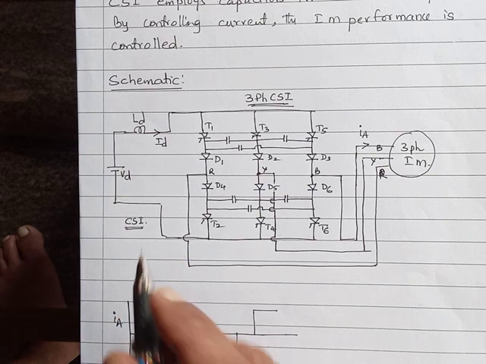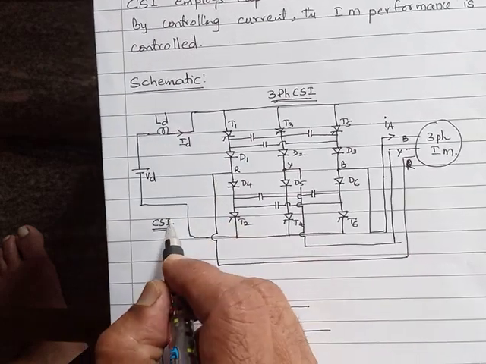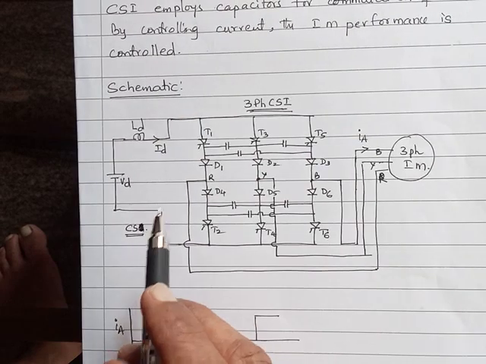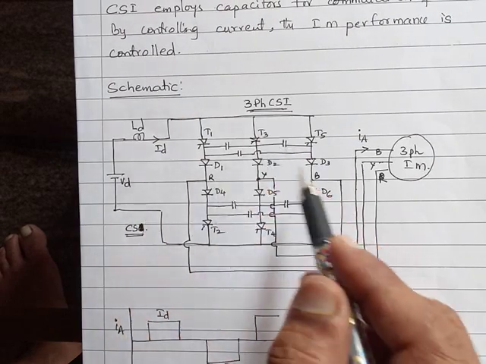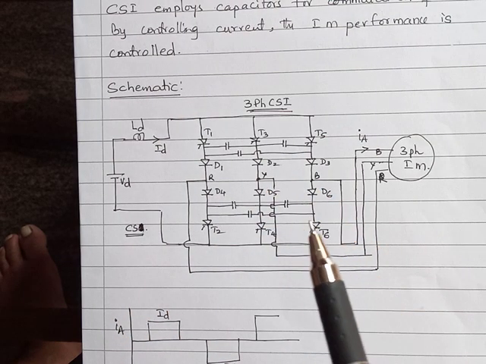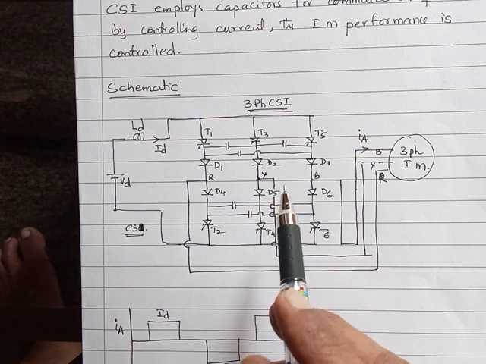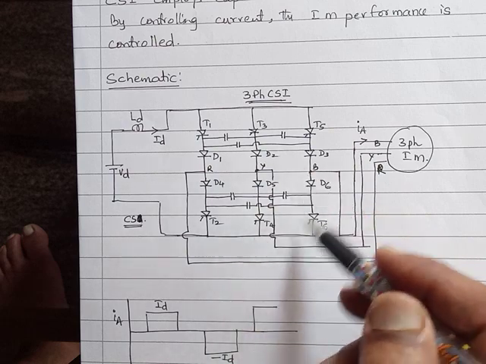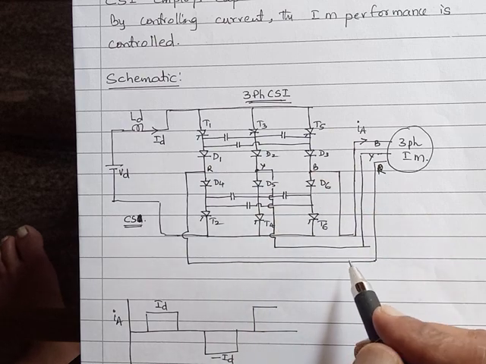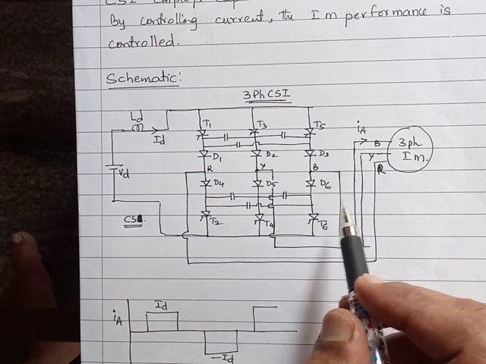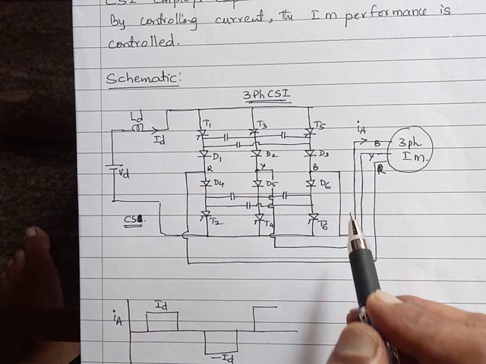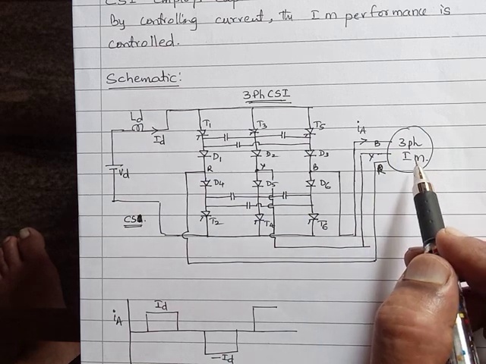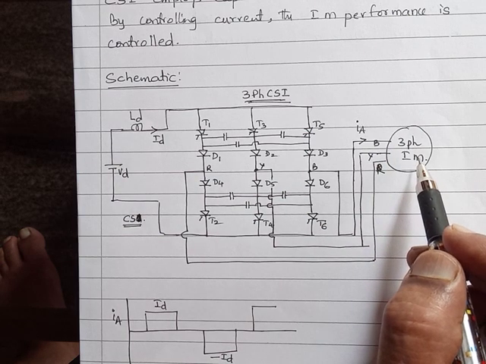With this current source input to this inverter bridge, it will become a current source inverter. The output of this bridge is AC, and that current is fed to the three-phase induction motor.